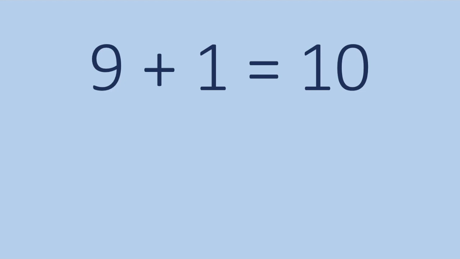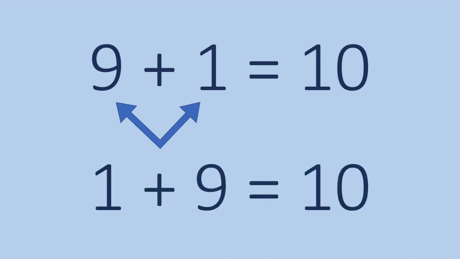So here's an example to talk a little bit more about fact families and how we can use them. If we start with our equation 9 plus 1 equals 10, what we're going to do first is find another addition equation, so we're still going to use a plus sign, but we're going to find the other addition equation that pairs with this one. All we're going to do is swap which place the 9 and the 1 are in, but it's still going to equal 10.